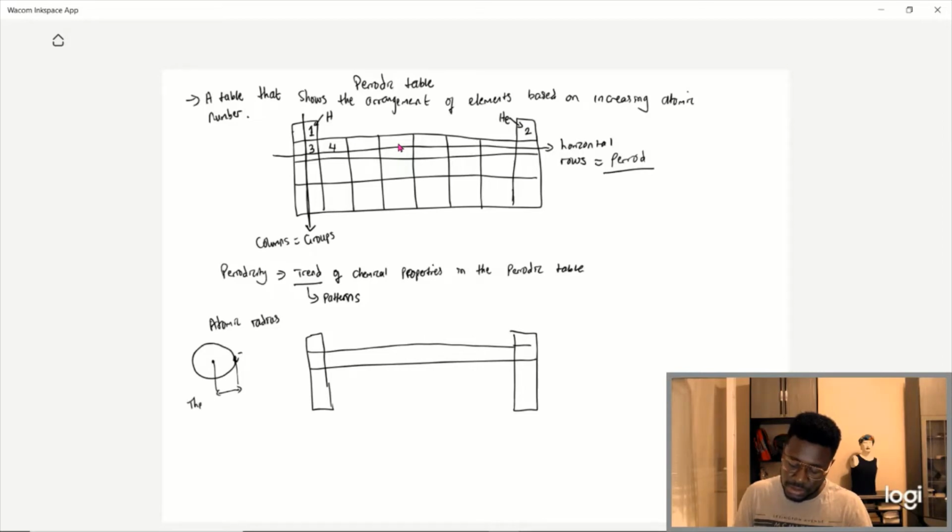So the distance between the nucleus and the outermost electron is called the atomic radius.